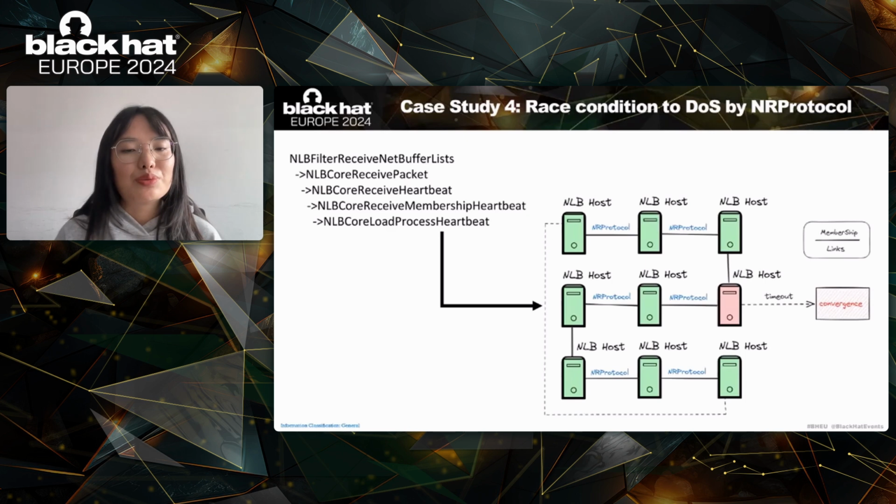NLB core load processing heartbeat internally passes membership heartbeat, including sending NR protocol, and triggers convergence when a change in the cluster is detected.